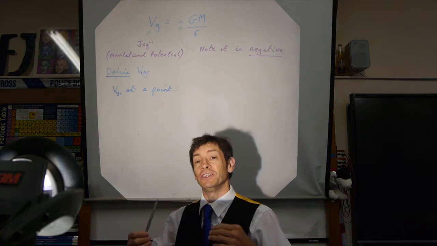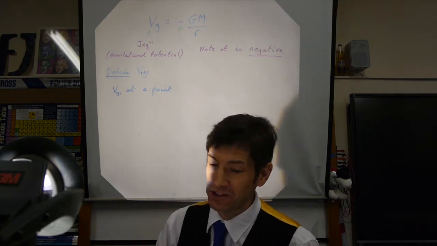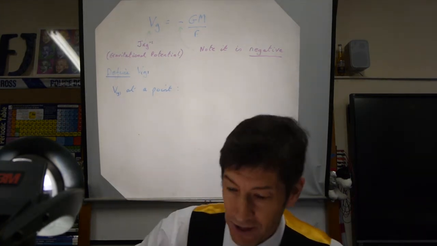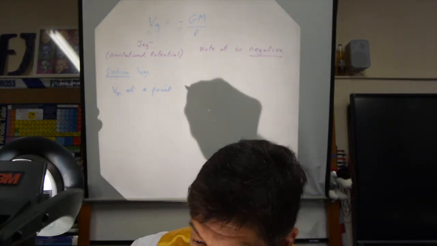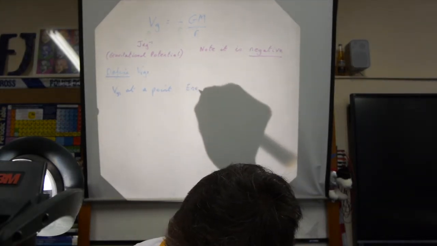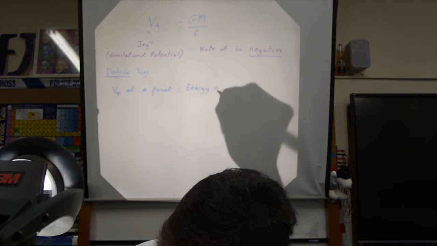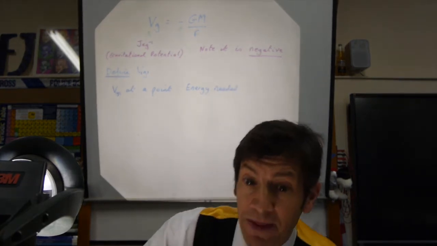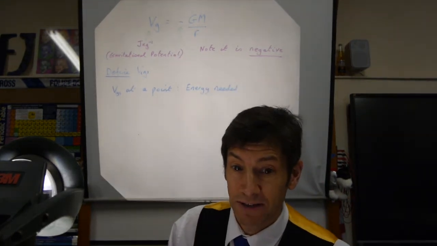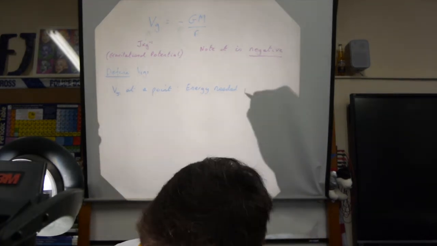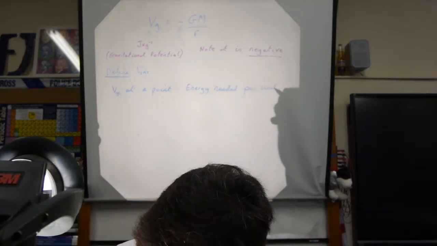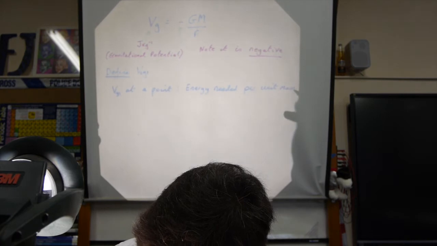How much energy is it short of? You'll see what I mean by that. So Vg at a point is the energy needed, that's the important thing, giving the object energy needed per unit mass.